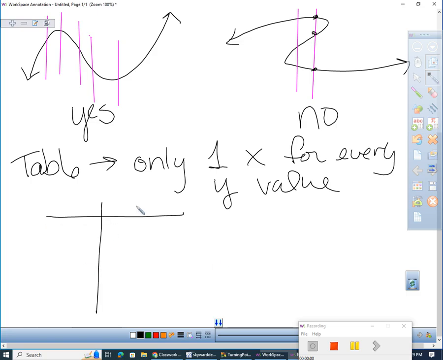I'm going to put a table up here. And here are my x values. And here are my y values. Let's say 2 goes to 8, 3 goes to 7, 3 also goes to 9, and 4 goes to 10. If you look at a table and one of our x values has 2 different y's instead of just 1, then this is not a function.